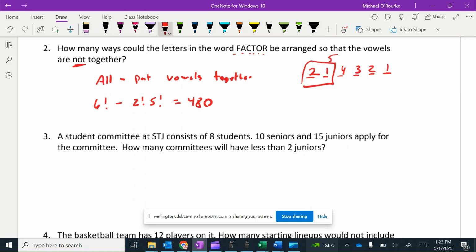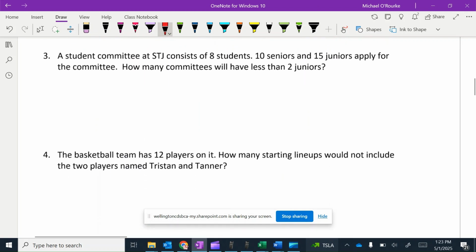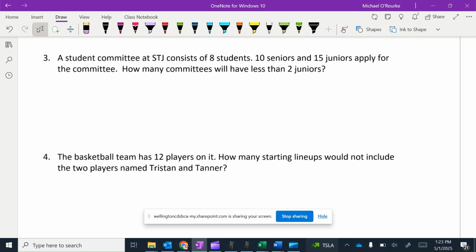So a student committee consists of 8 students, 10 seniors and 15 juniors apply for the committee. How many committees will have less than 2 juniors? This is not really a backwards one. It's the opposite. That'd be more than 2 juniors.